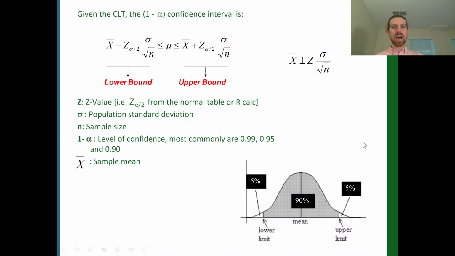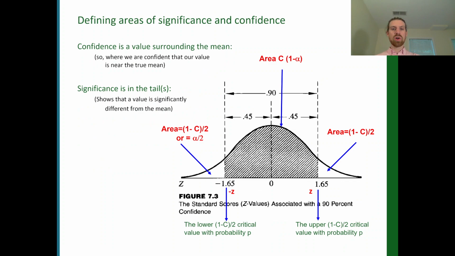Great, so we'll cover that within later parts of the lecture today, but also in the practical. So we can define areas of significance and confidence. So before, what I was basically describing was how we get those confidence intervals. So if we're interested in a 90% confidence interval, then we're going to end up with 45% of the values falling just below the mean, 45% of the values falling just above the mean.